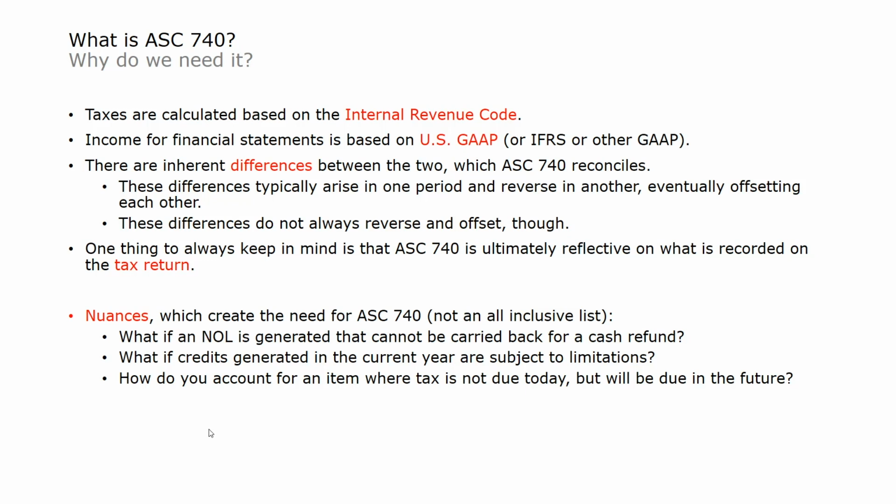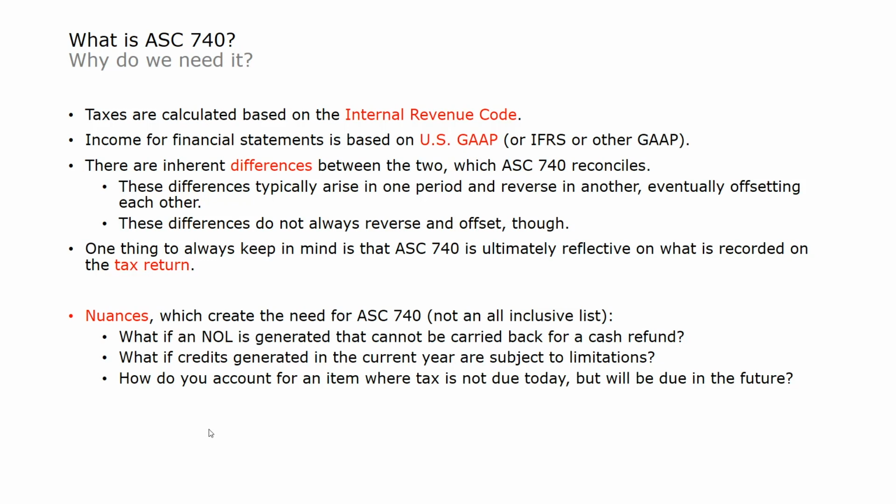So we currently have a loss. Generally, your losses and your income is going to result in some sort of cash tax payment or refund right then and there. But if we have a loss, we're not getting a cash benefit right now. What do we do with that in our provision? For the second one, what if credits generated in the current year are subject to limitations?